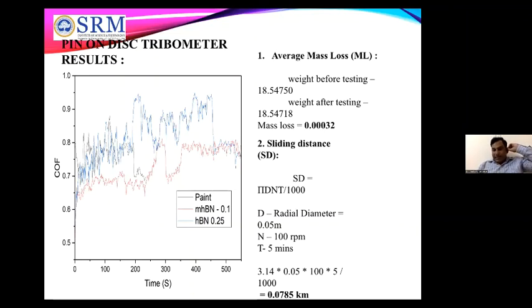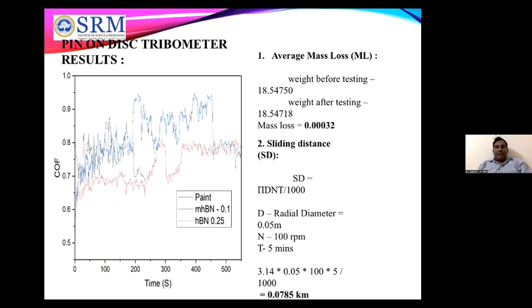In this case, you can see that we tested three samples, as I told you. We tested the best results from the corrosion test. The paint system we tested fails very early. And then mild HBN 0.1, because for that mild HBN we added 0.1 weight percent concentration in the paint system, and it gives a very low coefficient of friction in comparison to the other coatings.